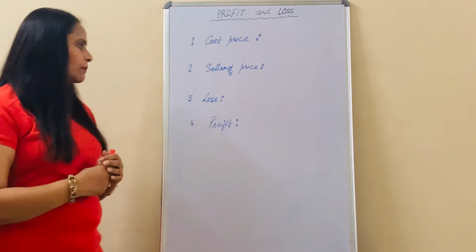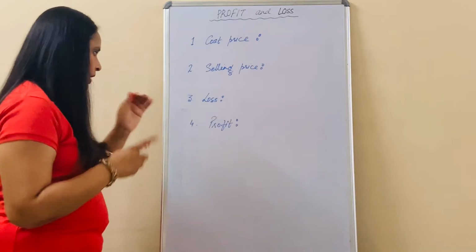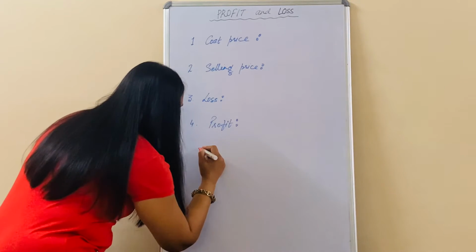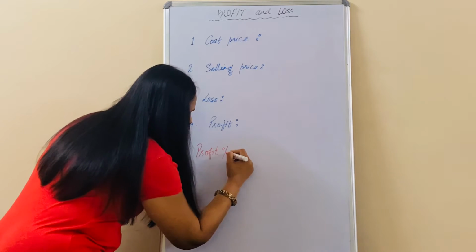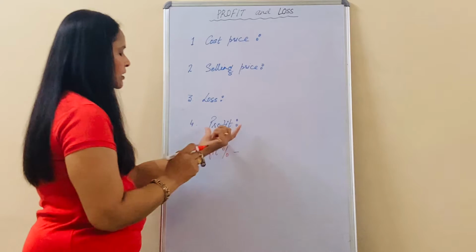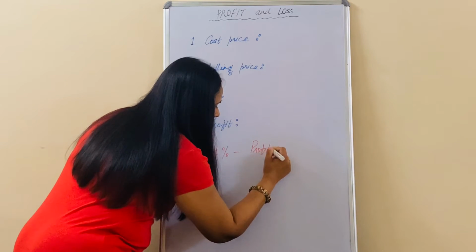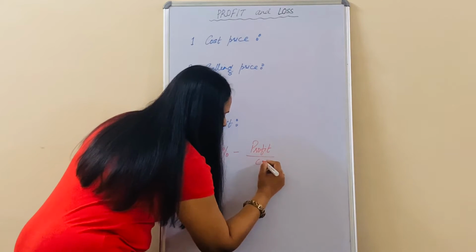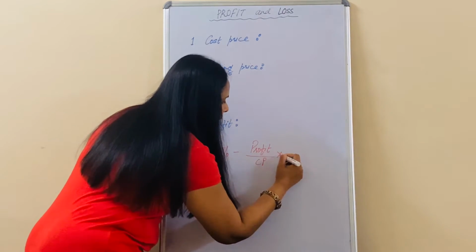Can we calculate the percentage of the profit and the loss which the dealer is facing? Yes, we can calculate it. For calculating the profit percentage, we have a very simple formula. The profit percentage is the profit upon the cost price, which I am writing as CP, multiplied by 100.